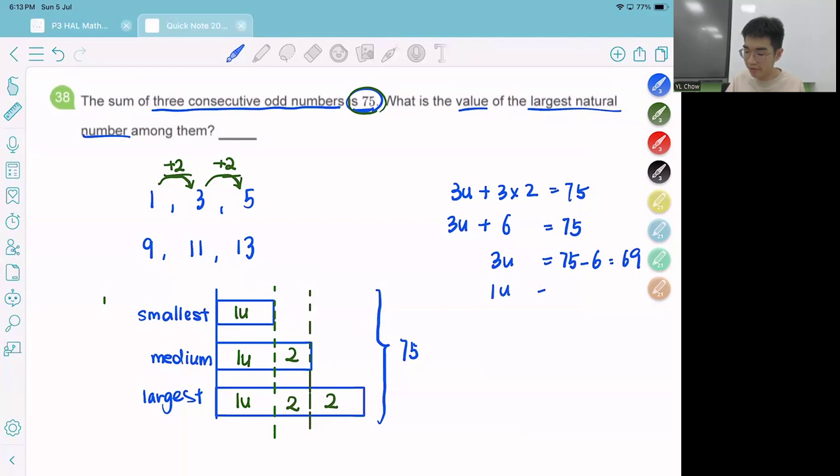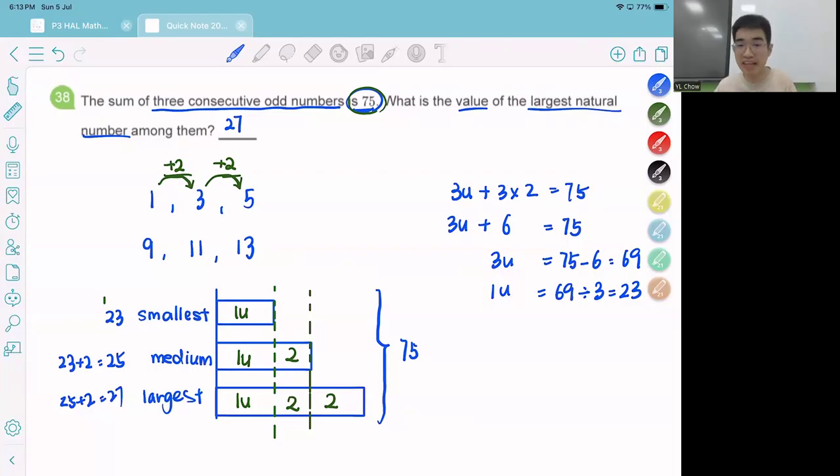That means 1 unit will be equal to 69 divided by 3 equals 23. So that means 1 unit is 23, your smallest number is 23. The medium number will be 23 plus 2 equals 25. And your largest number will be 25 plus 2 equals 27. So then you will get it. The answer is 27. If you don't believe me, just add them up: 23 plus 25 plus 27.